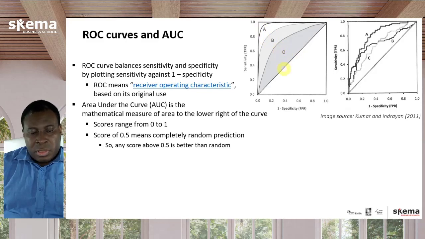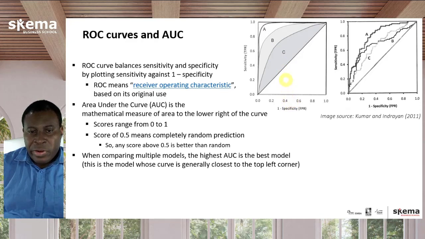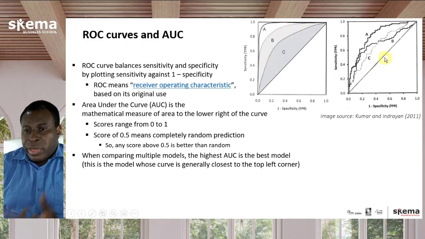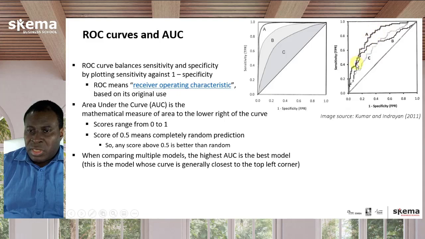Now, when you're comparing multiple models, the one with the highest AUC is the best one. And that's the one that is closest to the top left corner. However, this is a very ideal situation on the left. On the right is a real data scenario. And there you can see that model A does better than B and C. It's closer to the top left than both.